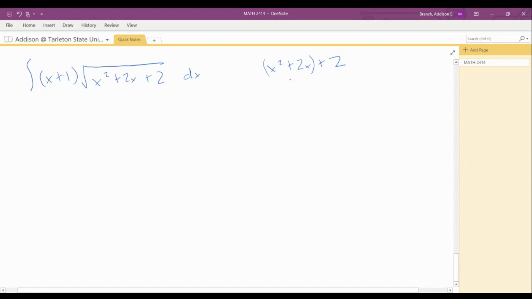We have an x squared plus 2x, so therefore our constant would be 1. We have our plus 2, and of course we need to subtract 1 because we just added a random 1 in there. So we now have x plus 1 squared plus 1.